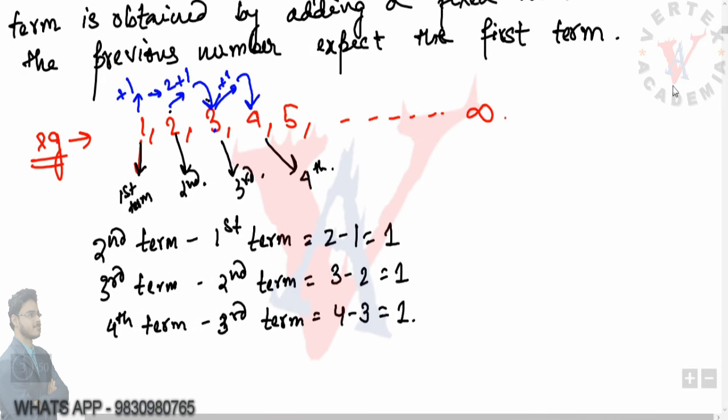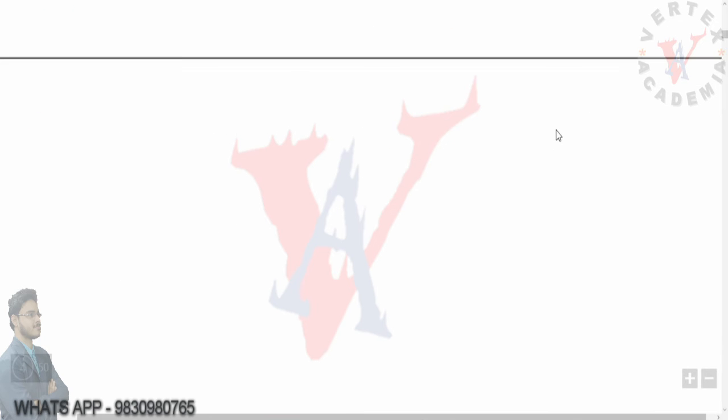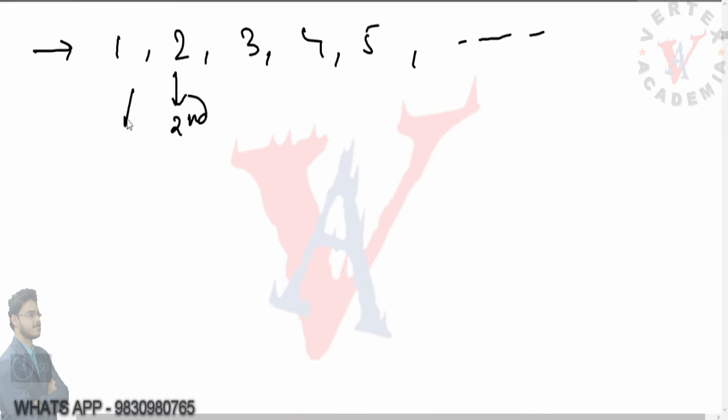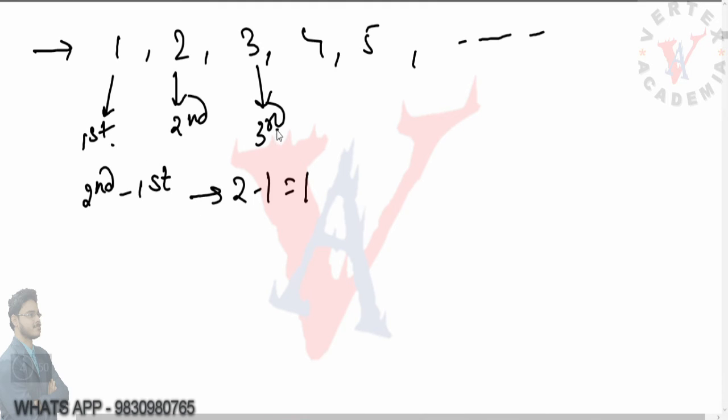Let me just conclude this in a simple way. So if you can see 1, 2, 3, 4, 5, like this, this is the first term, this is the second, this is the third. So if you do second term minus first term, 2 minus 1 equals 1, and third term minus second term, it becomes 3 minus 2 equals 1.